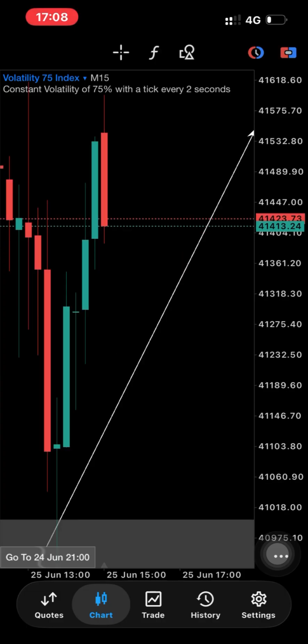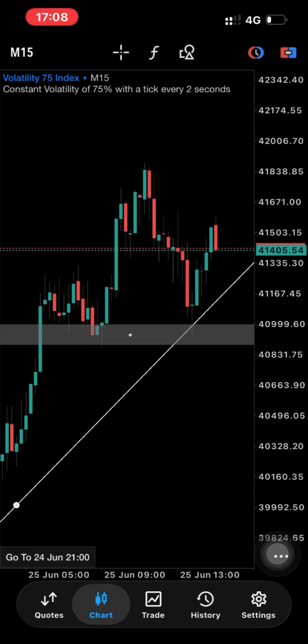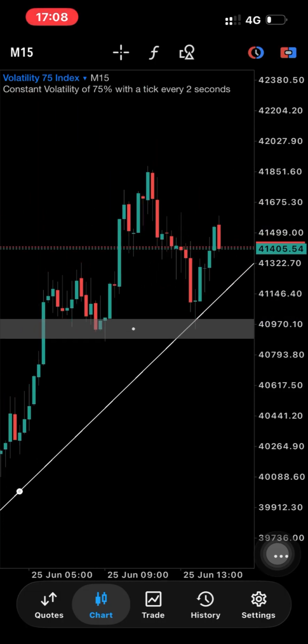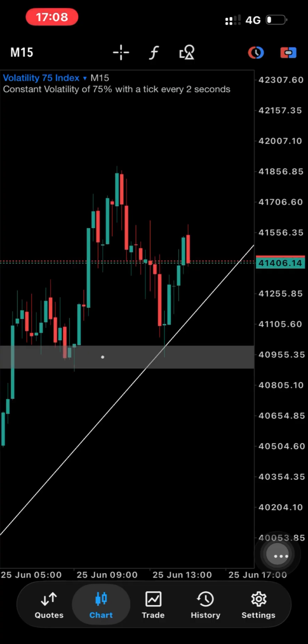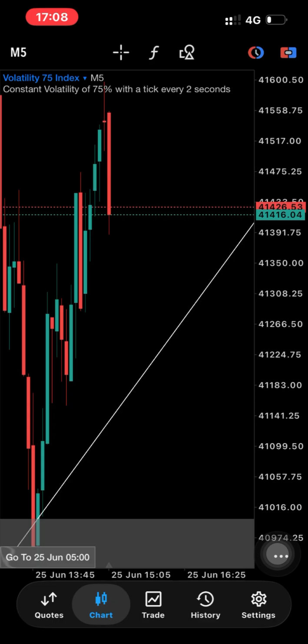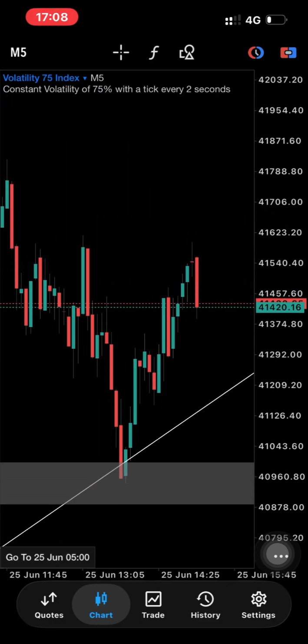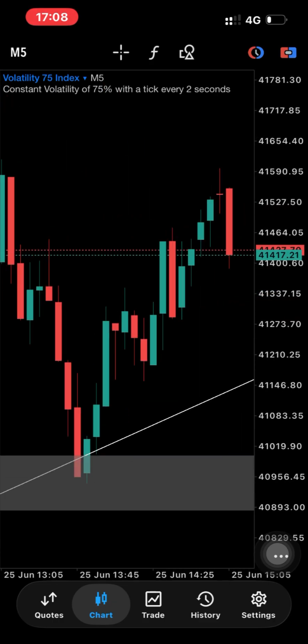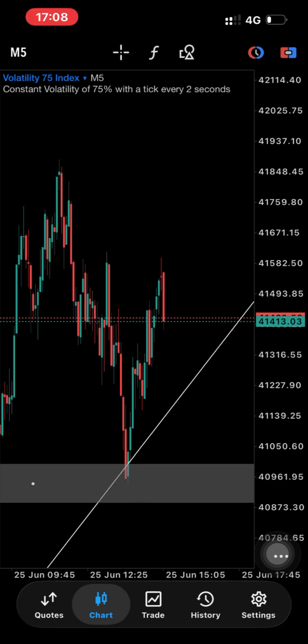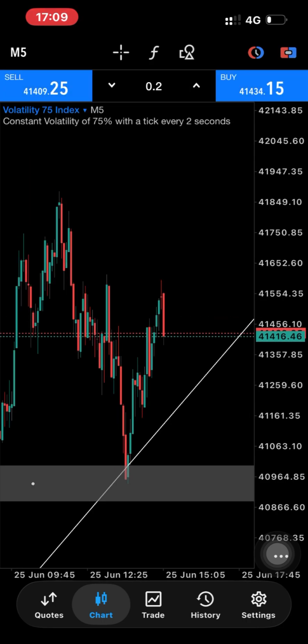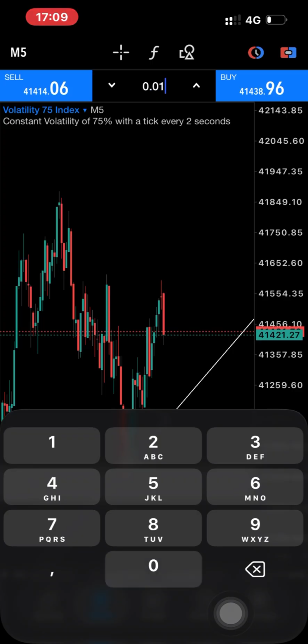The market has failed to break below. As you can see, it touched there multiple times. It also touched the trend line. So once it touches there and touches the trend line, there's a higher chance, if it fails to break below, that the market will push to the upside. And that is a very strong move that we need to look out for.